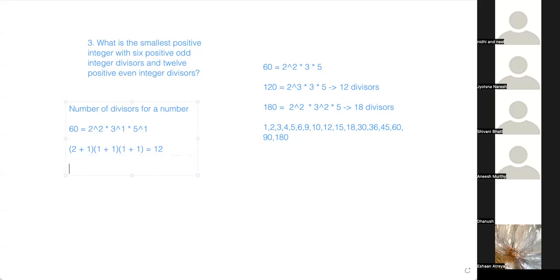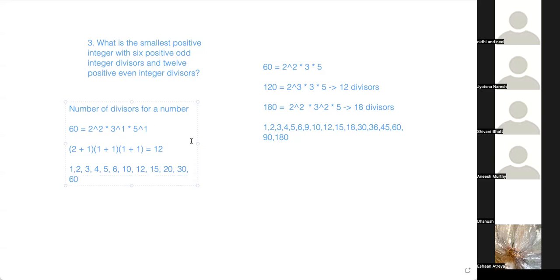So can we confirm that 60 actually has 12 divisors? What are its divisors? 1, 2, 3, 4, 5, 6, 10, 12, 15, 20, 30, 60.